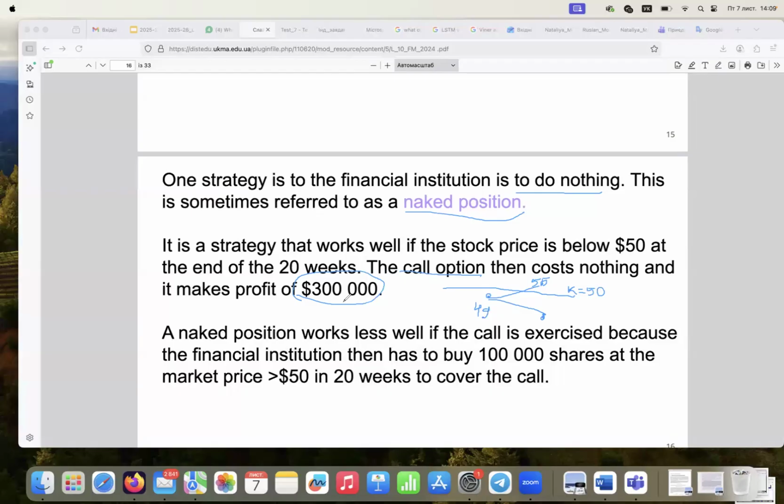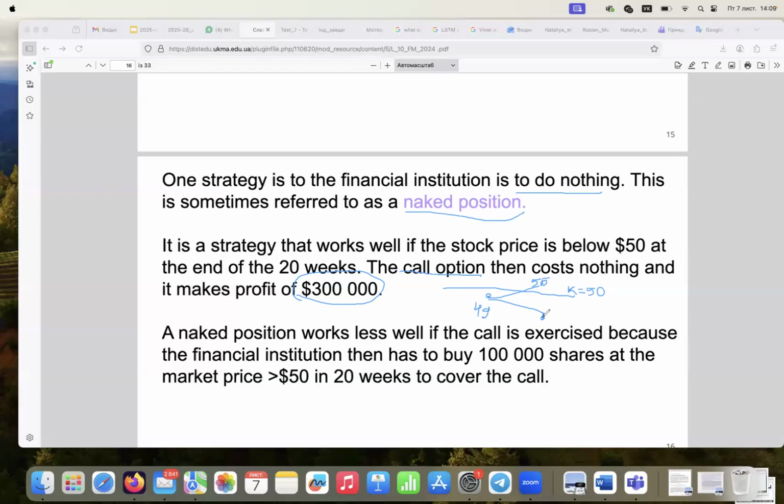Can I explain again, maybe? We are a financial institution. We issued this call option, and we sold it, and we have this amount of money.